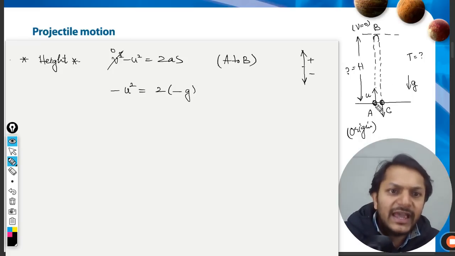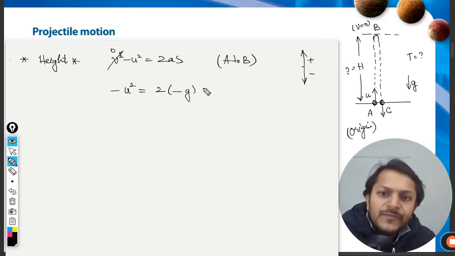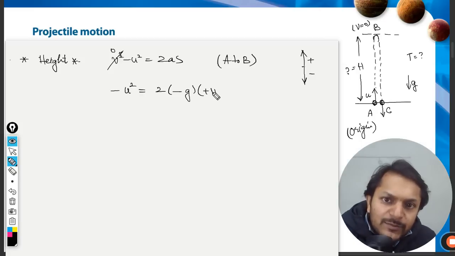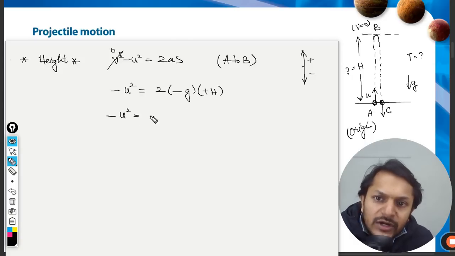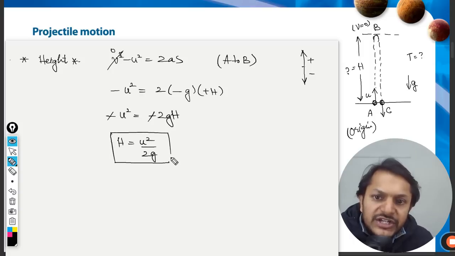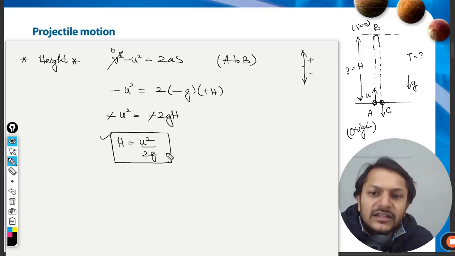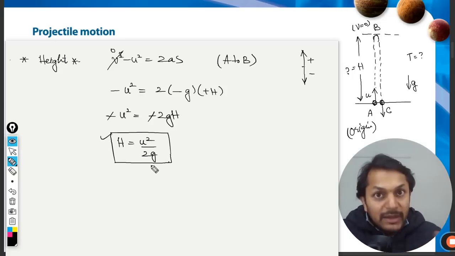So origin is A and it is going upward by a height h in magnitude, and the upward direction is positive, which means that the displacement is positive h. So negative u square is equal to negative 2gh. This and this get cancelled out, and from here I can say that the capital H will be u square by 2g. So again, this is another very important formula, and you can remember the formula.